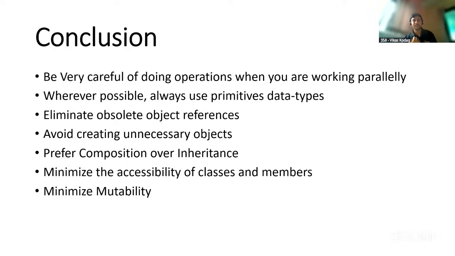First thing, we should be very careful of doing operations when we are working in a multi-threaded environment. Yeah, all the fields that we use in a multi-threaded environment have to be thread safe. We can't use non-thread-safe fields or classes in a multi-threaded environment because they would give unexpected results. For example, the hash map class is not a thread safe class.